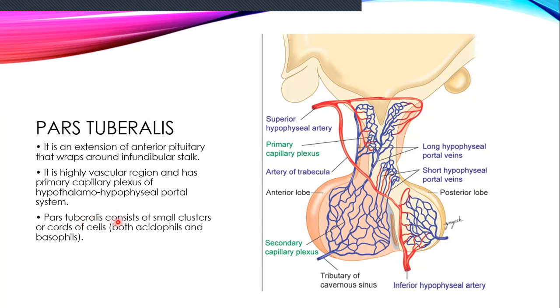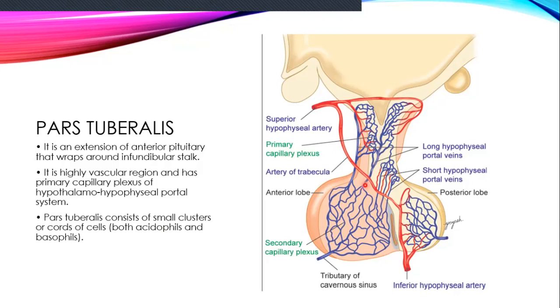Then pars tubularis consists of small clusters of cords of cells. They are both acidophils and basophils. So this is the portal system, the hypothalamo-hypophyseal portal system. There is usually a primary capillary plexus here, which lies in the pars tubularis, and its blood comes from the superior hypophyseal artery, a branch from the internal carotid artery, and we form a capillary plexus here, the primary capillary plexus.